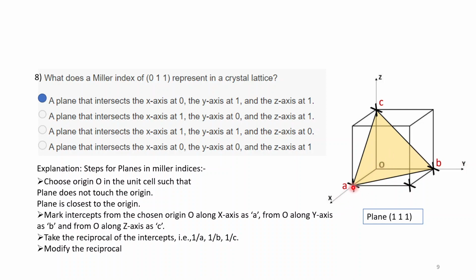In case of x, the intercept is a, for y it will be b, for z it will be c. Then you take reciprocals, so 1 upon a, 1 upon b, 1 upon c. Then they are modified. For example, if these are 2, 4, 6, then you divide all these by 2, so it will be 1, 2, 3. Or if it is in fractions, then you multiply with a number to make all these whole numbers. For example, in this case it is the (1 1 1) plane, and you use small brackets to show an individual plane.